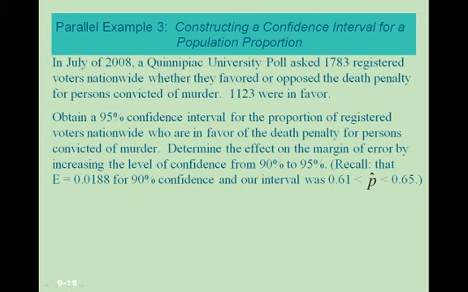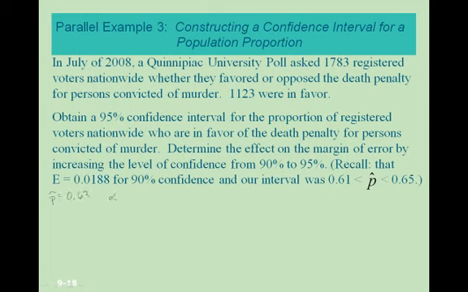So we're going to do the same example, except now we're going to look at a 95% confidence interval. And remember that our margin of error before was 0.0188 for 90% confidence, and our interval had p hat being between 0.61 and 0.65. So p hat has not changed. P hat is still equal to 0.63.